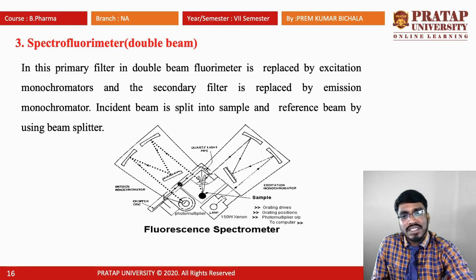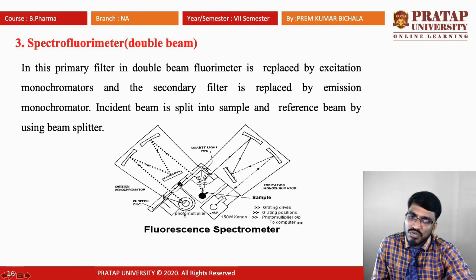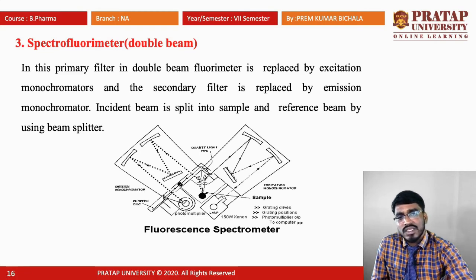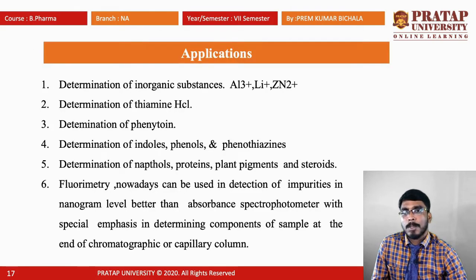Those excited electrons then move to the emission monochromator, where we have choppers which divide the light, and finally after the emission the light is passed to the photomultiplier, which acts as a detector, and there we get a proper response for the determination.